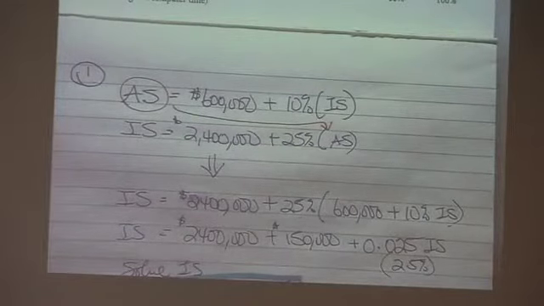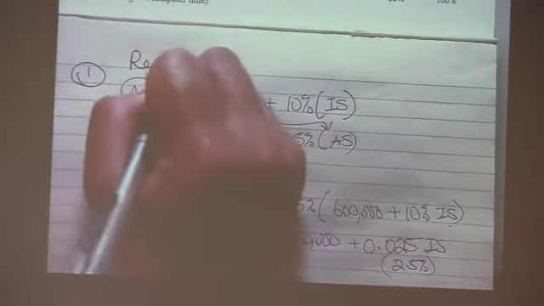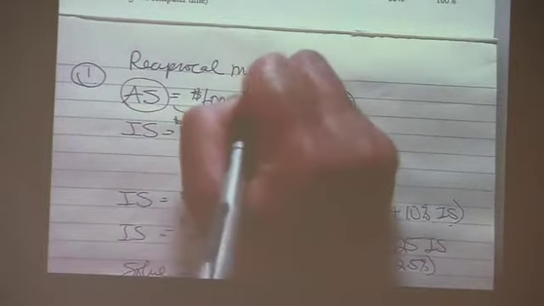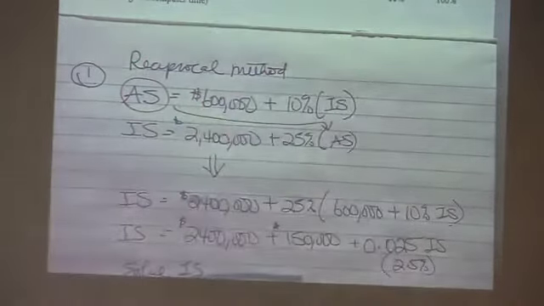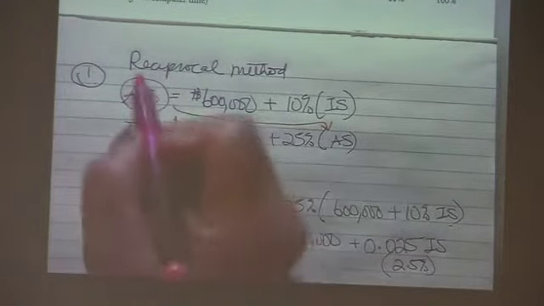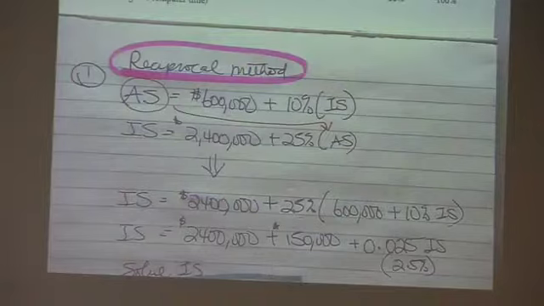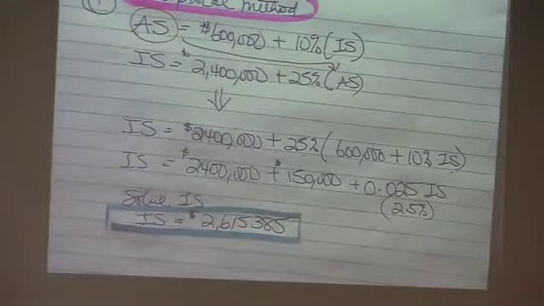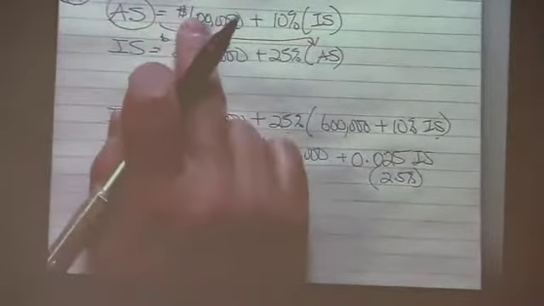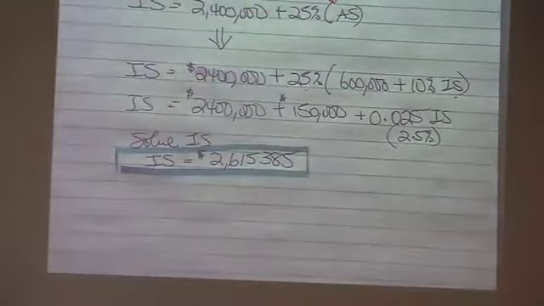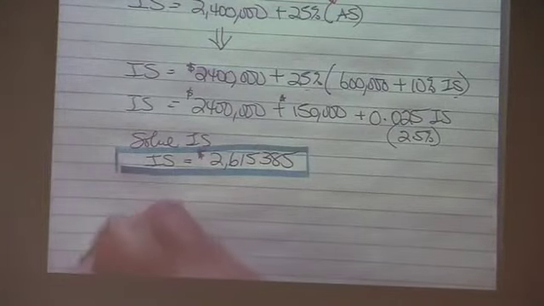So let me write down the words reciprocal method here, just to be clear on what method we're using. Now, because we know the IS, we're going to go back to this equation and plug IS in there to come up with the administrative services fully loaded cost.